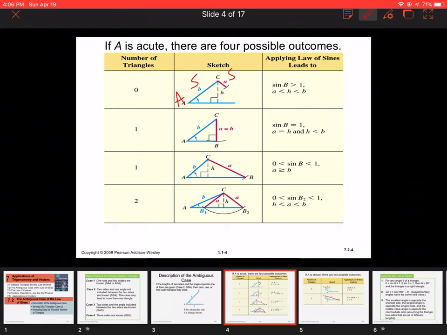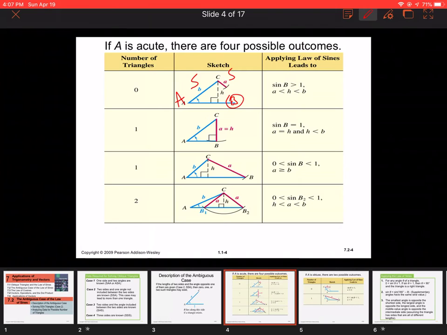And what's going to happen here, if you check the sine of angle B, we know that angle B should be somewhere over here. If we were to check the sine of that angle, and don't forget, the sine of an angle has to be somewhere between -1 and +1. In this case, it's going to be outside that range of values. It's going to be greater than 1. And if that occurs, that's impossible. That means that angle doesn't exist. That means that triangle doesn't exist.